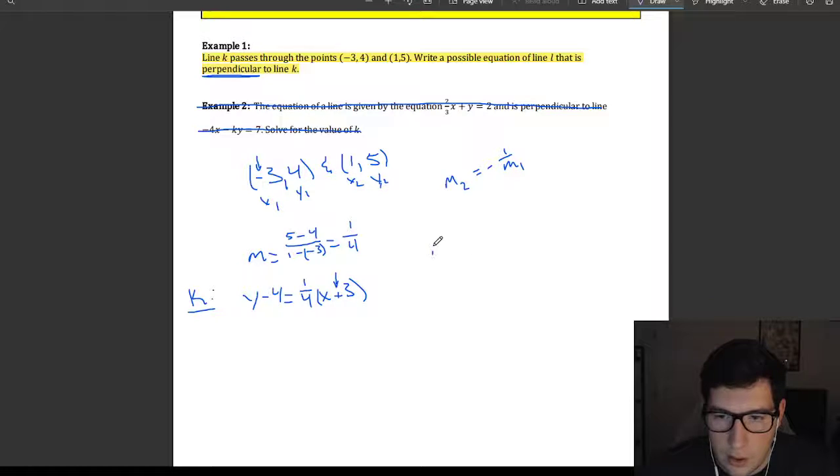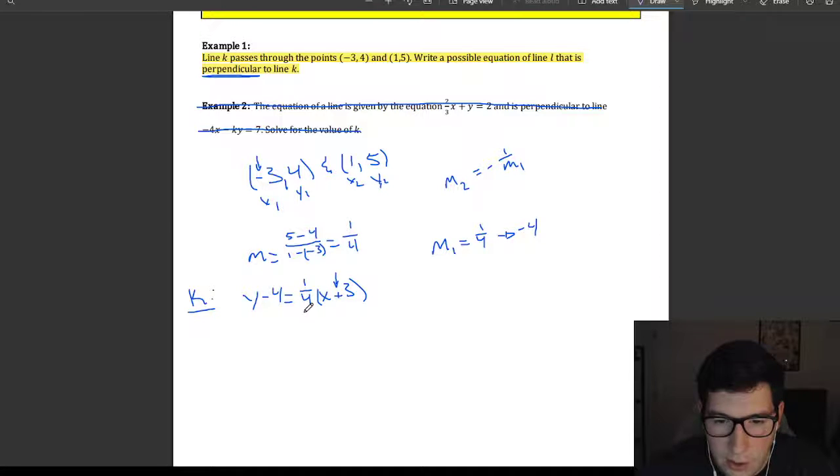So if m1 is equal to 1/4, the reciprocal of 1/4 we know by now is 4. And if I want the opposite, so if I want that negative, it's going to be -4, right? Because we're simply taking the reciprocal and changing the sign. That's really all this is saying.